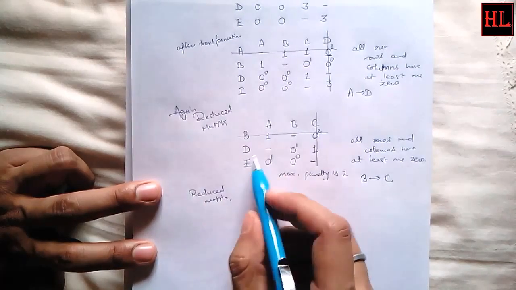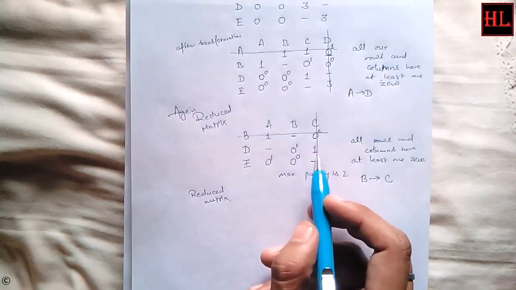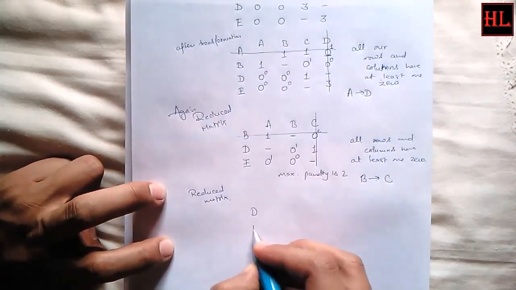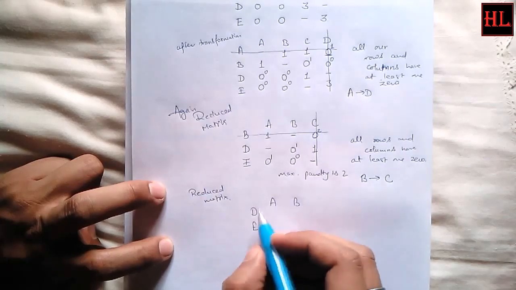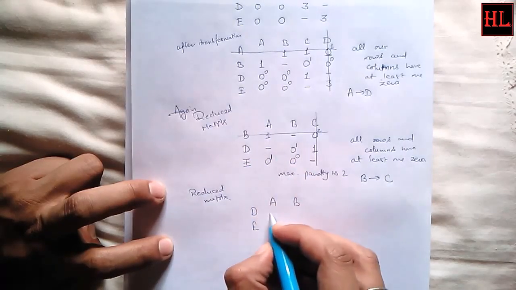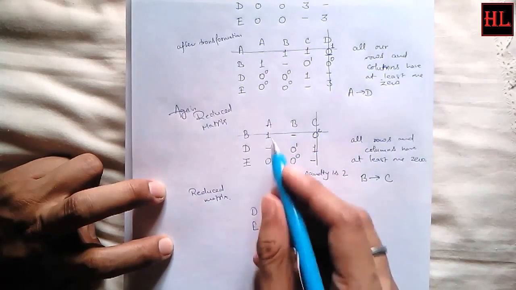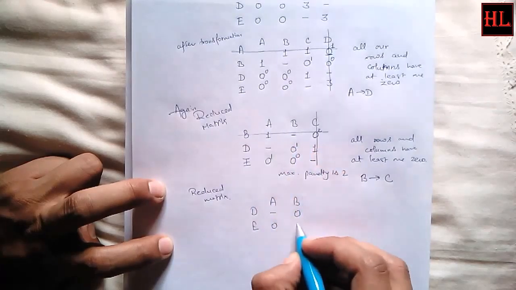To write the reduced matrix, we will not consider the row corresponding to B and the column corresponding to C. So the resulting matrix will be D, E, A, B. So from D to A, we will put a dash. From D to B, we'll write 0. From E to A, we'll write a 0, and from E to B, we'll again put a 0.